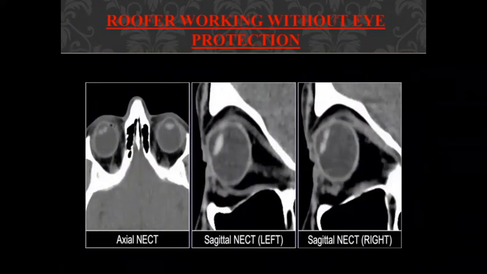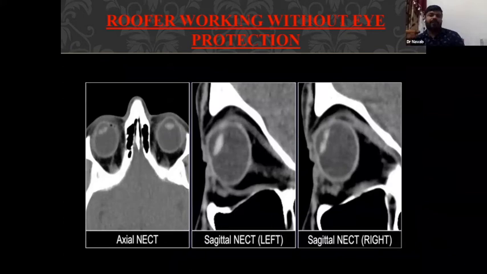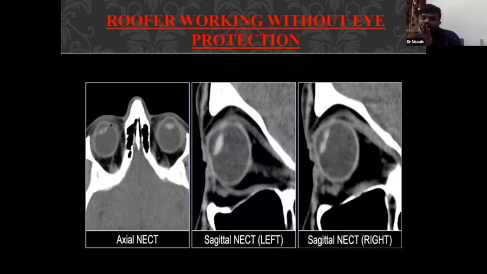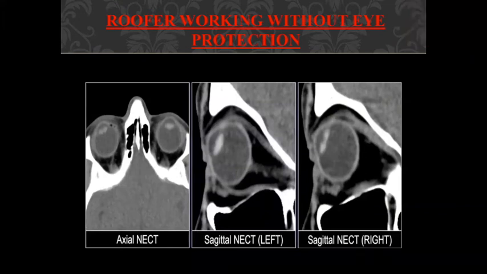The next case, a roofer working without eye protection. What are you seeing? The lens on the right side appears abnormal. What is abnormal?